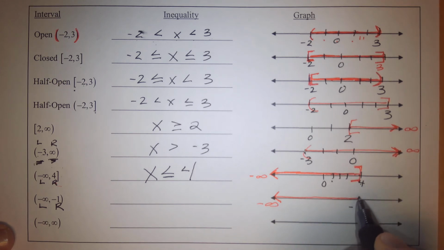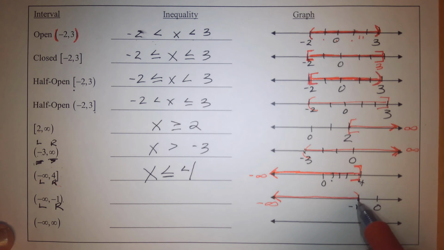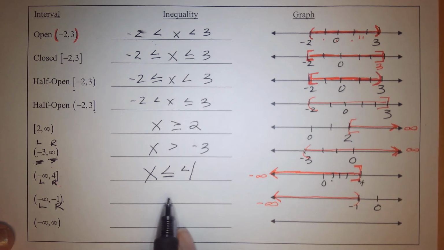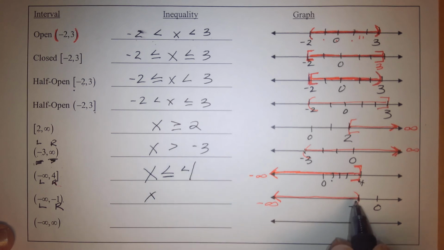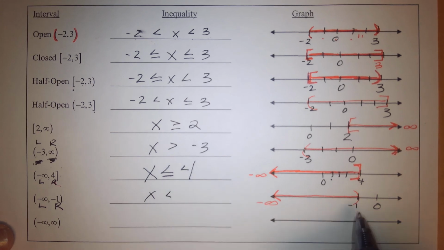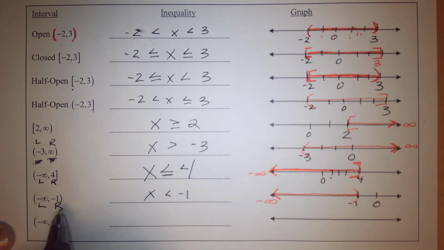Here's -1, and we will not include -1. Our inequality will say x is less than -1. We will not include -1, so we will not underscore the inequality symbol.